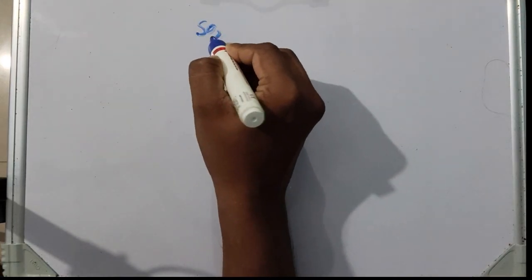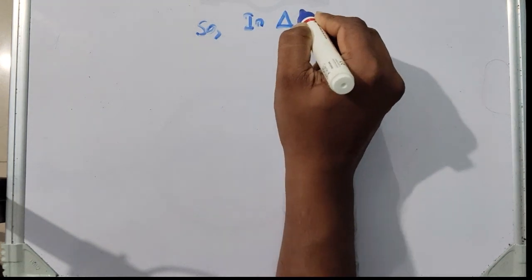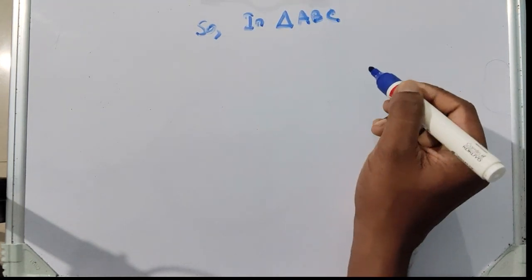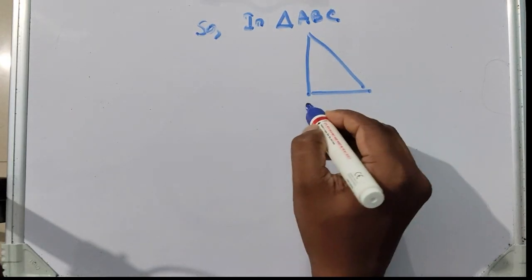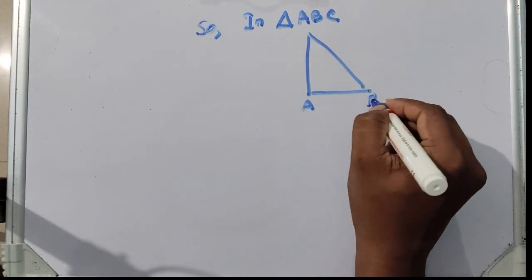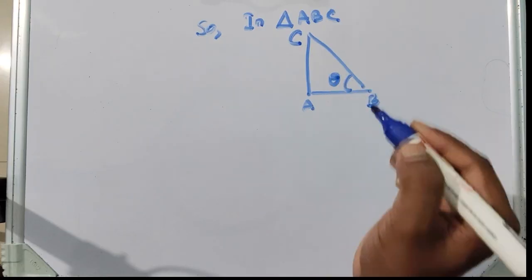In triangle ABC, suppose this is A, this is B and this is C, and let's say this is angle theta.